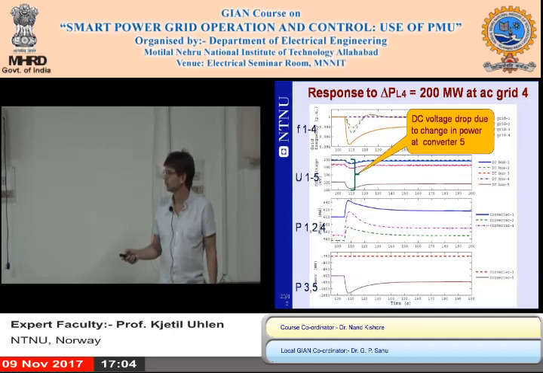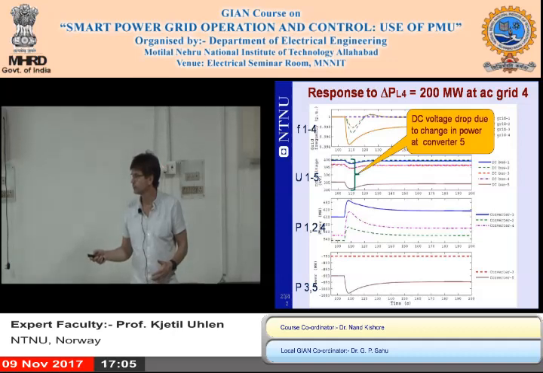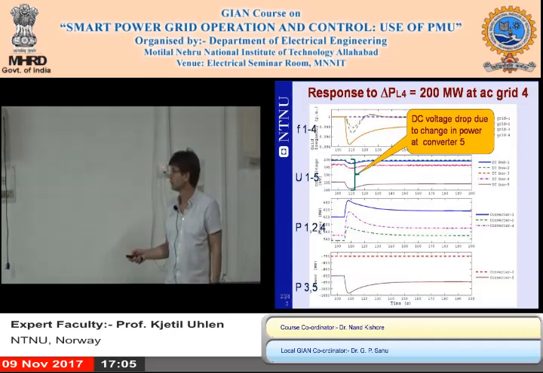And what happens when the voltage drops? The primary control of the terminals that are in voltage droop control. Now we talk about voltage droop control because a response to this change in voltage is that the power increases on terminal 1, 2, and 4.